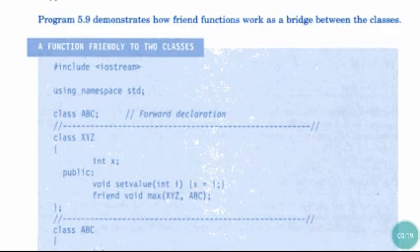Here is an example that demonstrates how a friend function works as a bridge between classes. Suppose there is a class ABC and another class XYZ.